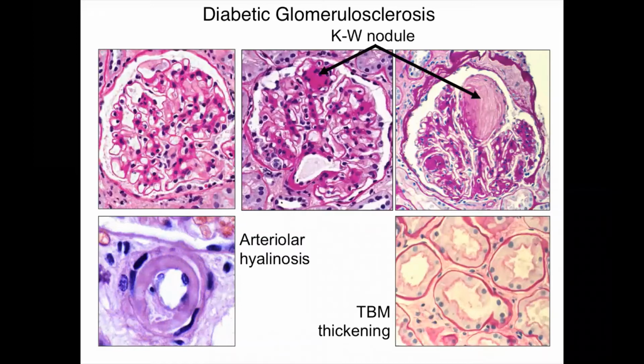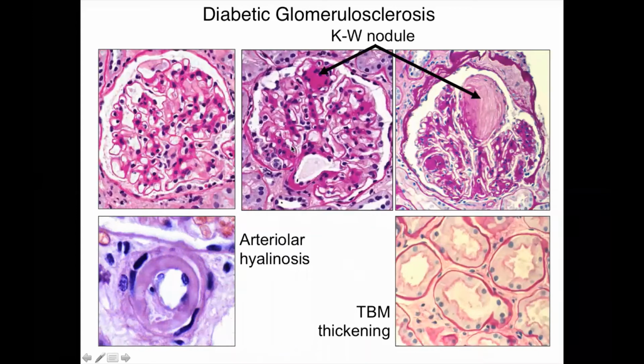It's a progressive disease if left untreated. In the beginning we get thickening of the glomerular basement membrane, or the blood vessel itself, which we will not be able to appreciate on light microscopy.